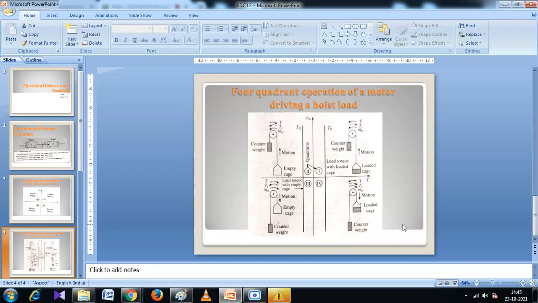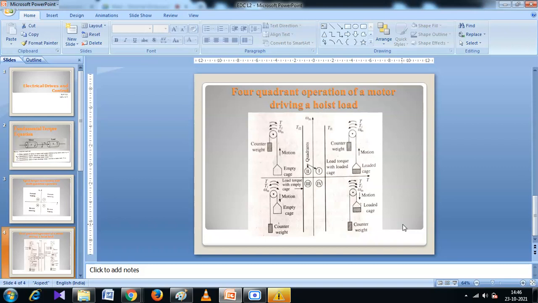But in four quadrant operation, the direction with respect to the first quadrant is reverse. So this is called reverse braking operation.